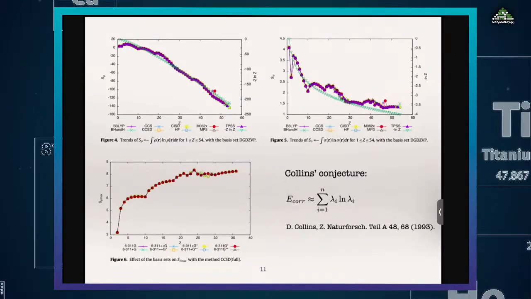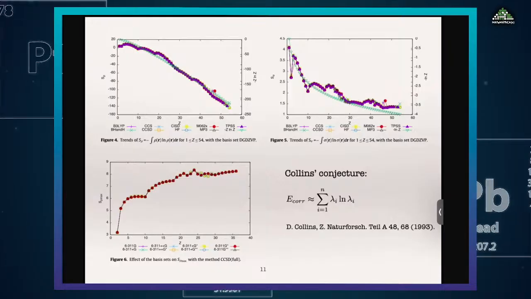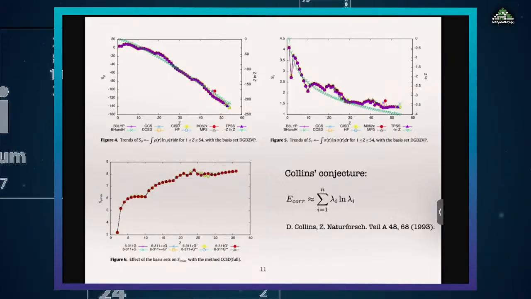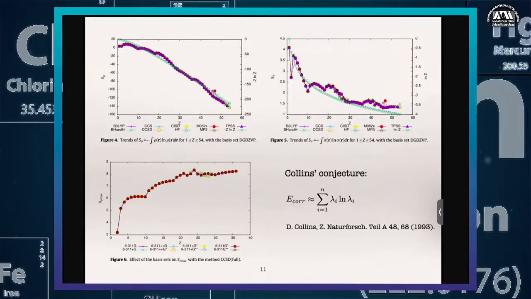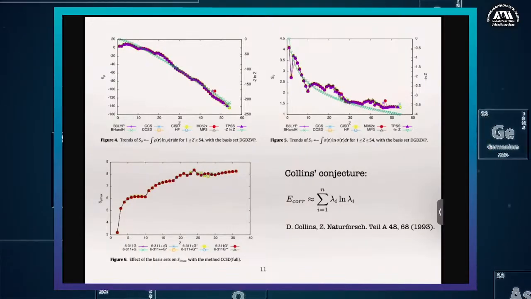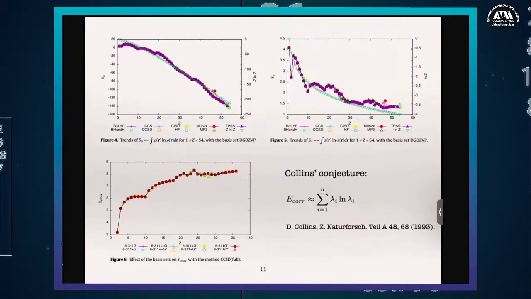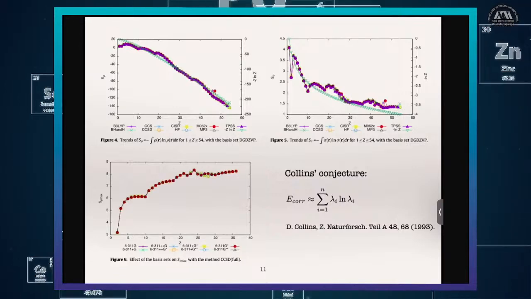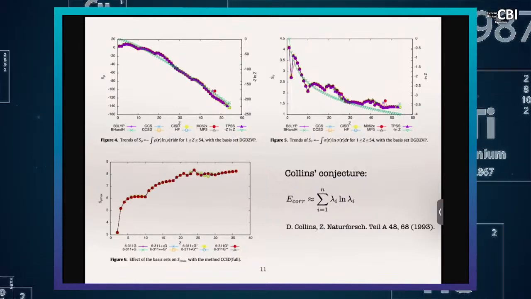However, in the early 90s, Collins proposed that there is a relationship between electron correlation and the positive form of the Shannon entropy.